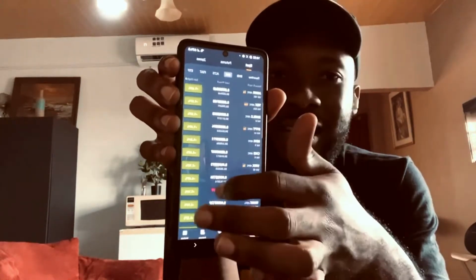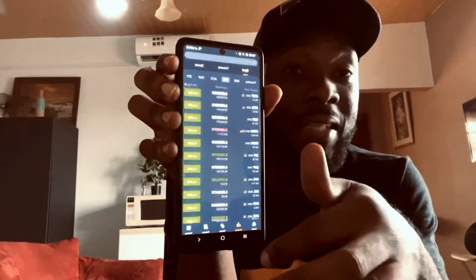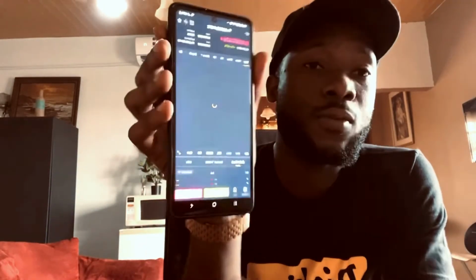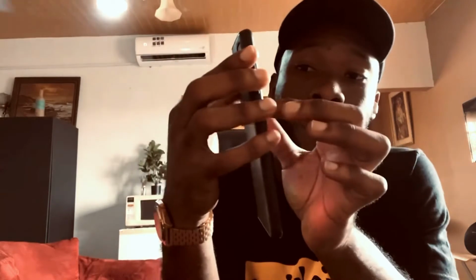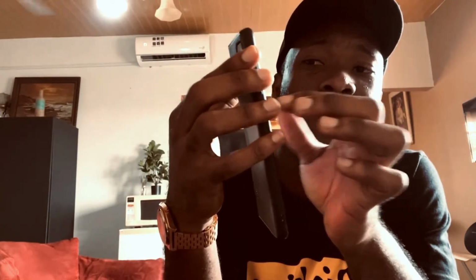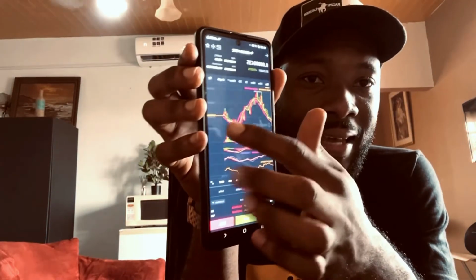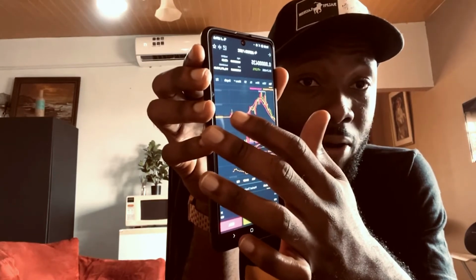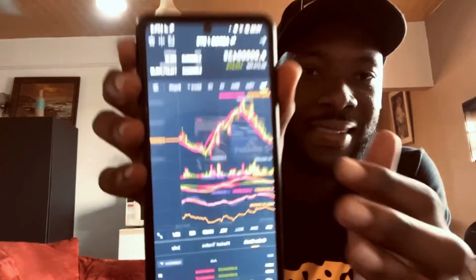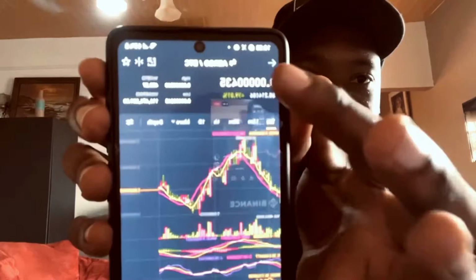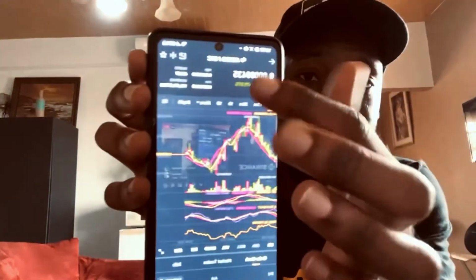Just count. Amazing. So let me take the first one. If you were trading Ergo, so Ergo is this one. If you were trading Ergo, and it's not even close to its all-time high, it's around here, but it has done 79% up here.